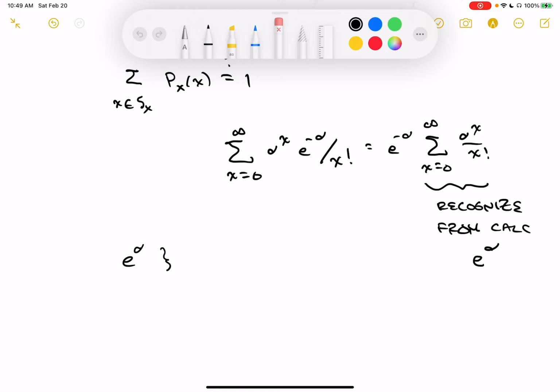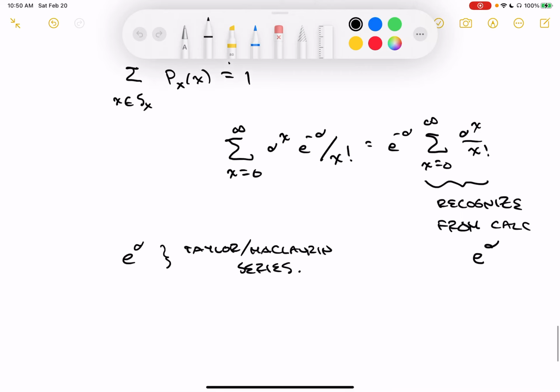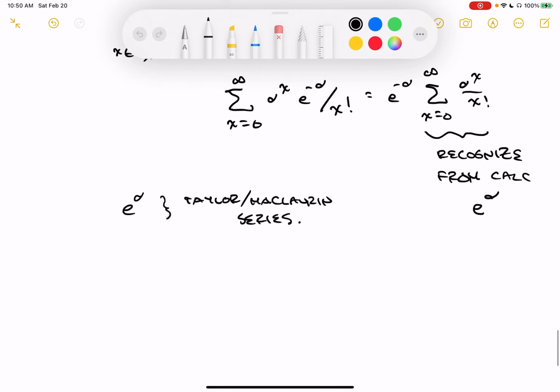Maclaurin series are just a special case of Taylor. If you do a series expansion, oftentimes this is how they define these particular functions. What is this equal to?